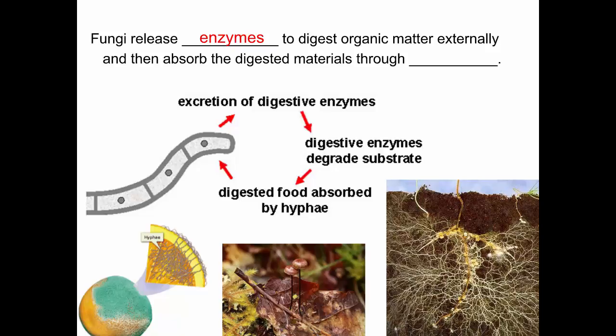And they start to work and break down that organic matter into simpler compounds. Then those simple compounds are absorbed back into the hyphae where the fungus can actually use them for their energy. So this is extracellular digestion because the digestion is taking place outside of the fungus.